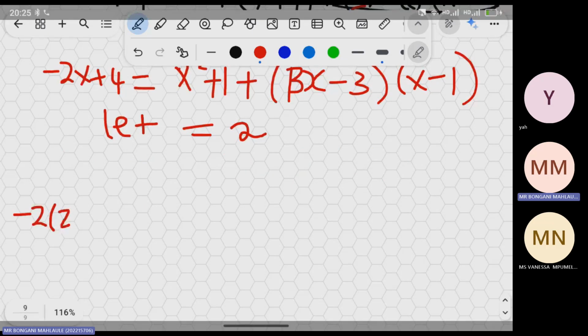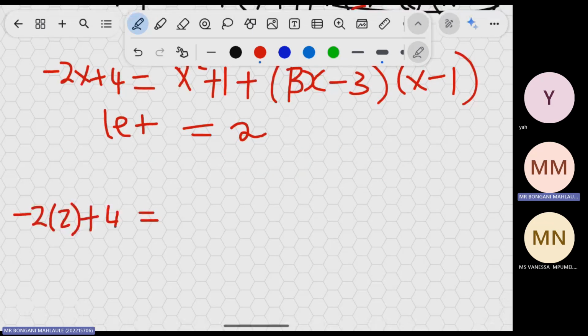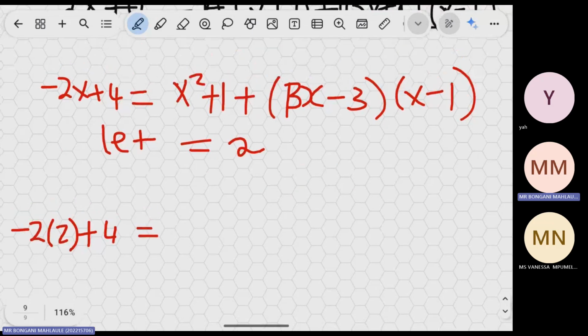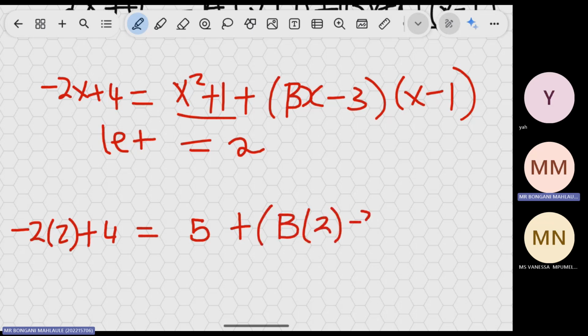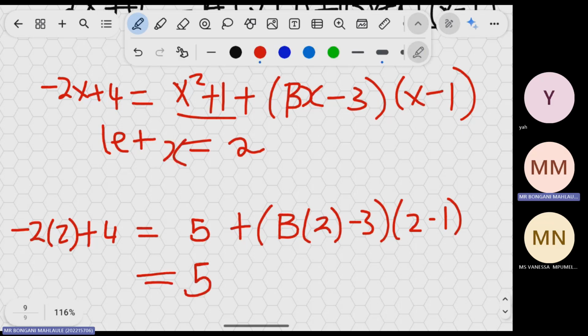So I can substitute that 2. Then here I'll have 4 plus 1 is 5, plus b into 2 minus 3, 2 minus 1. So it won't affect anything, any value you choose. It's not going to affect the value of b.